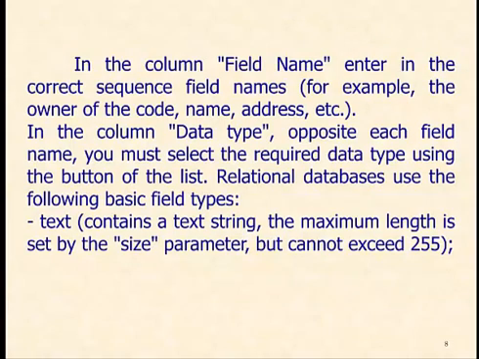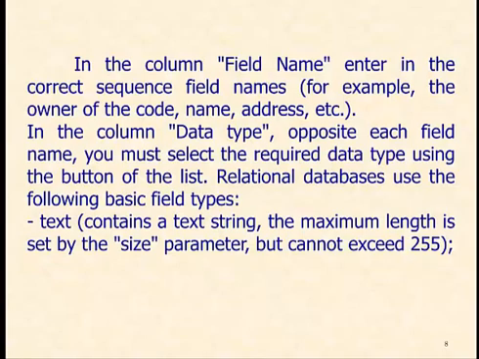In the column field name, enter in the correct sequence field names. For example, the owner code, name, address, and etc. In the column data type, opposite each field name, you must select the required data type using the button of the list.